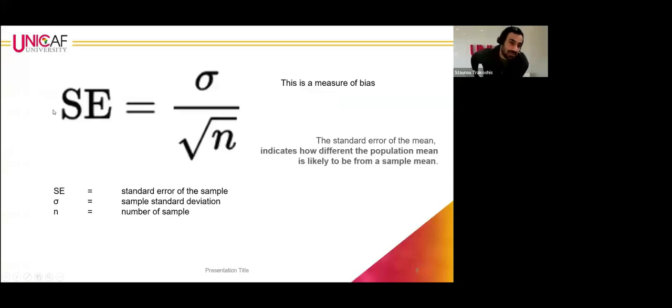The mean sometimes is a model, but not today, or at least not now. So this standard error is a measure of bias because it tells us how far our sample mean is from the population. And it's derived from this calculation.